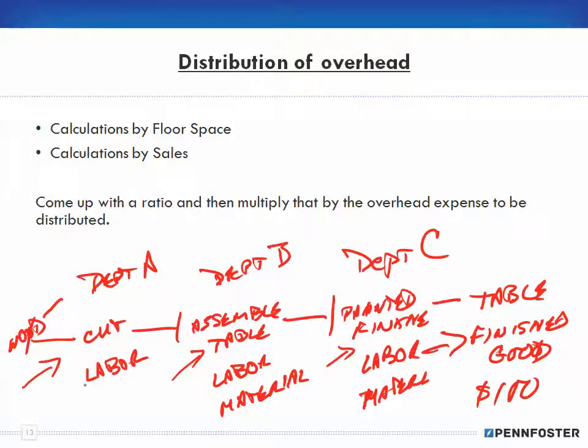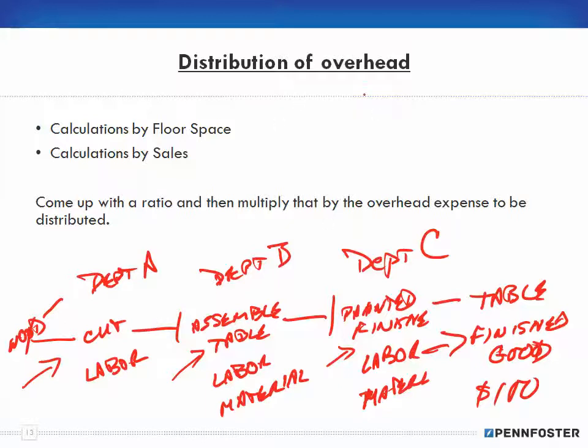Sure, the guy standing cutting, that's direct labor to the table. The guy assembling it is direct labor, and the guy painting is direct labor. But the janitor, his is not direct. He comes back at the end of the day and he cleans up each area. So how do you allocate his wages to each department?